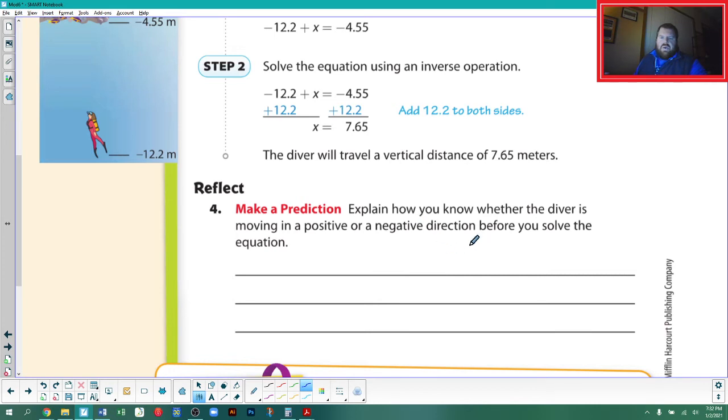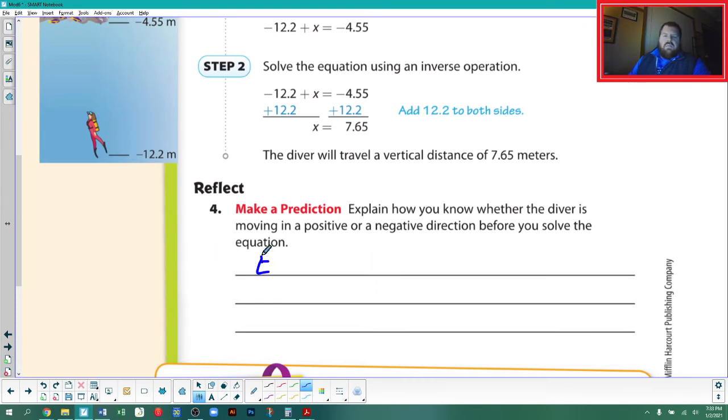Explain how you know whether the diver is making a positive or negative direction before you solve the equation. Moving in the positive or negative direction. How do we know that? Well, we know that because the ending location is a smaller negative, or is higher than the starting location.